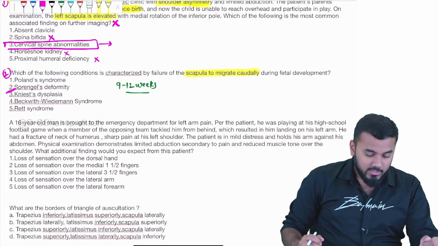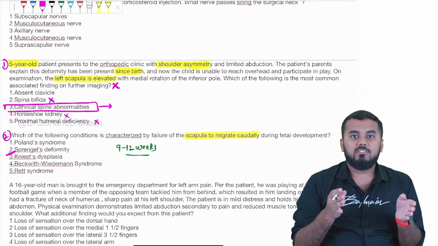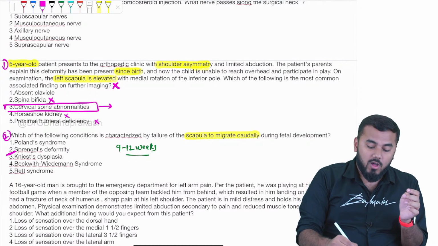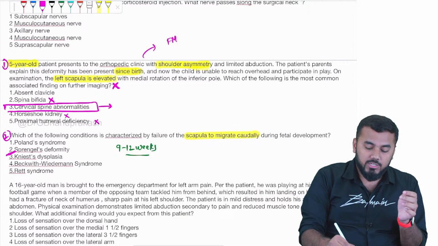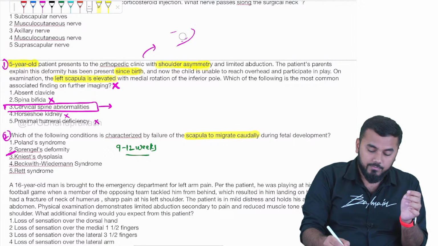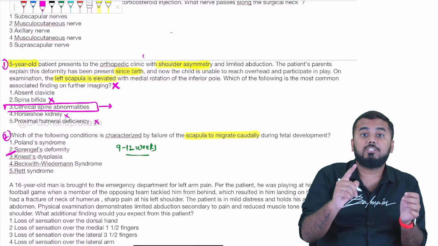Excellent. So let me tell you one thing, guys. You know what these two questions are? One was asked in your FMGE exam, and the first question was asked in your USMLE exam.